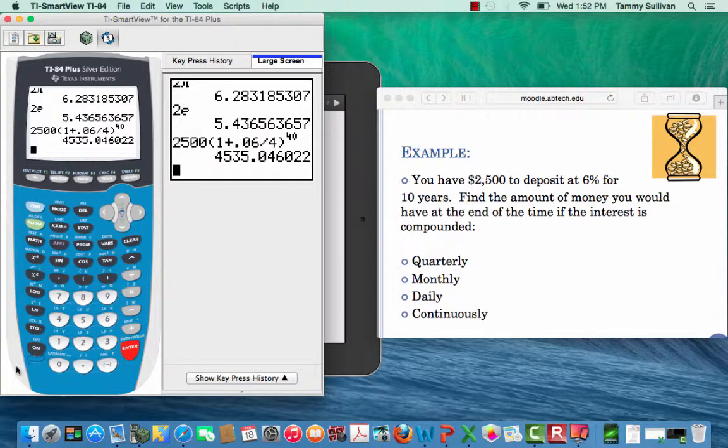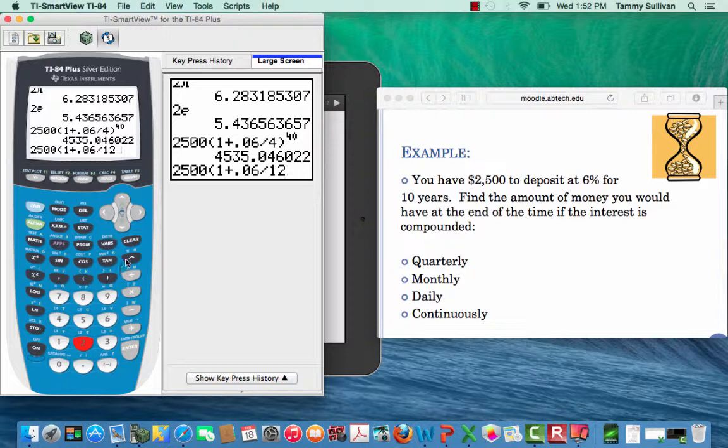So we're going to repeat this with monthly, and with monthly, it's the same present value. It's the same rate, so it's 1 plus my rate, but now your rate's going to be divided by 12 because it's monthly.